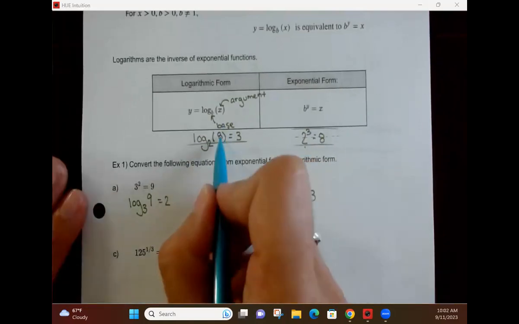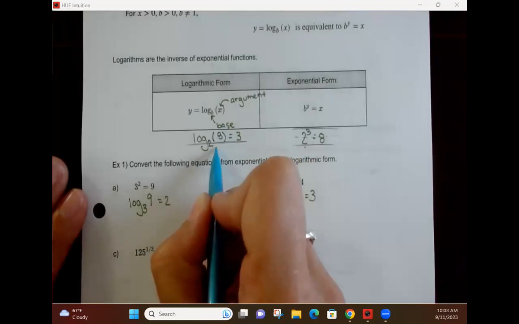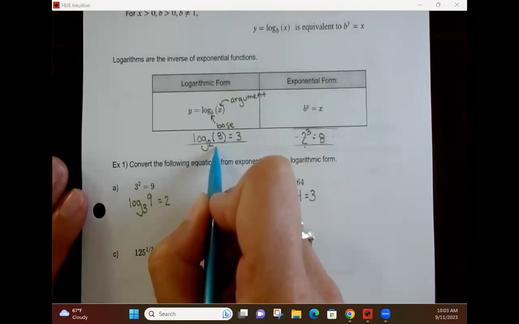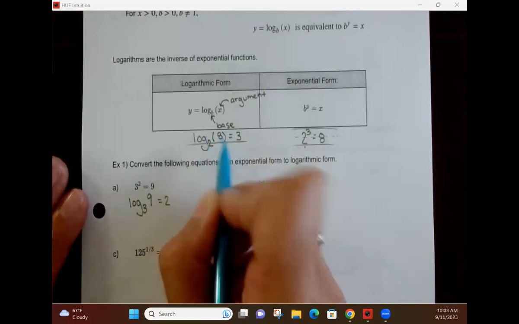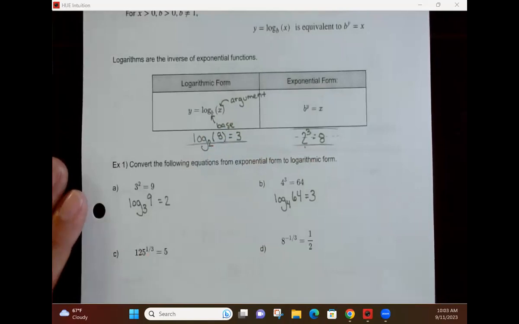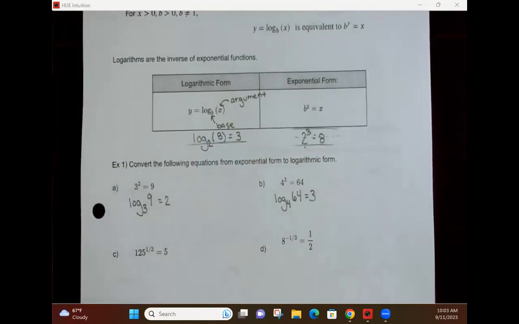So if you also put the 8 down here, you are not writing log base 2 of 8, you are writing log base 28. If you don't put the 2 as a subscript, then that's not log base 2, that's log of 28. Okay, so just make sure you are very clear with what you are writing on your papers for me.